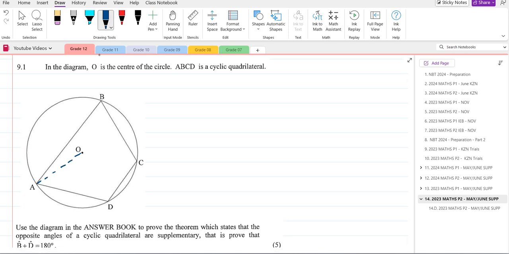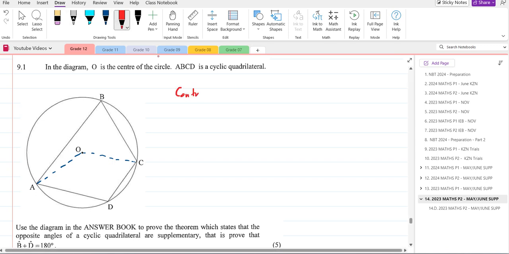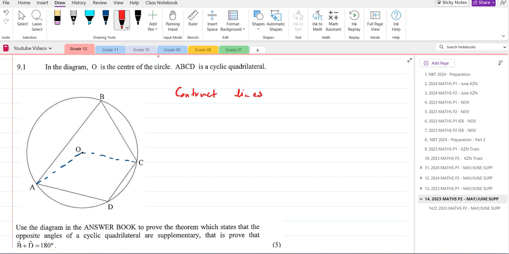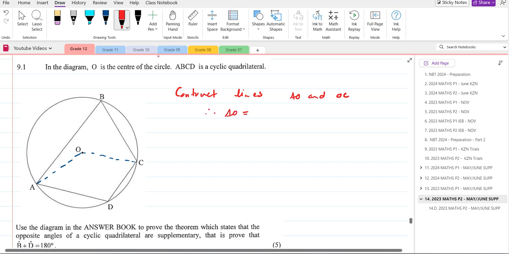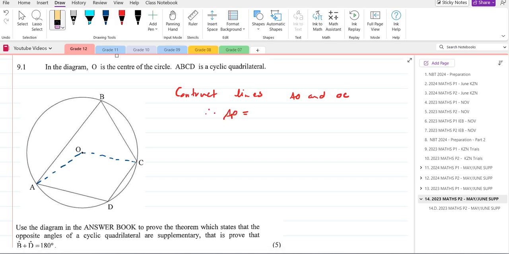So join line AO, construct lines AO and OC. Therefore AO is equal to OC.